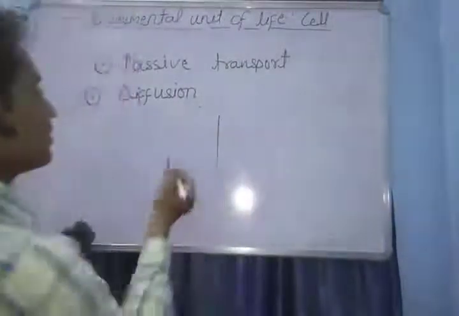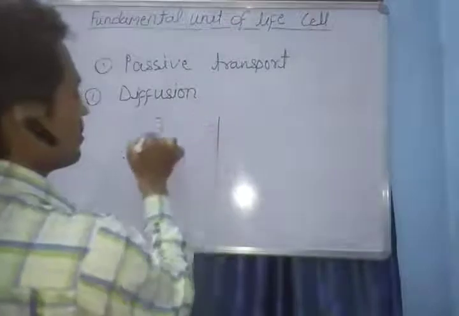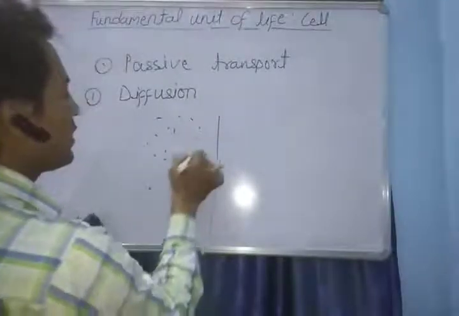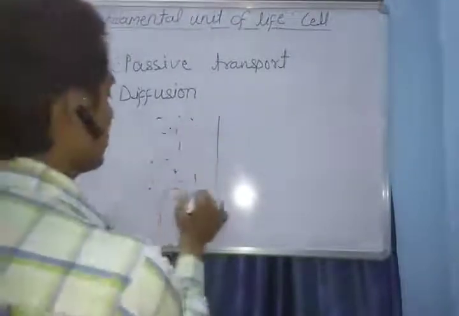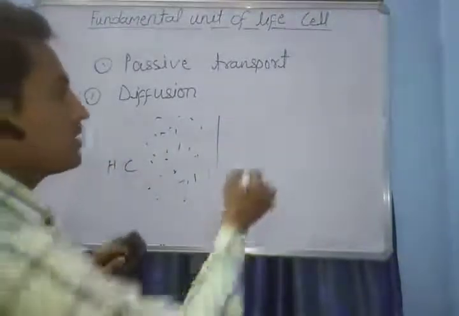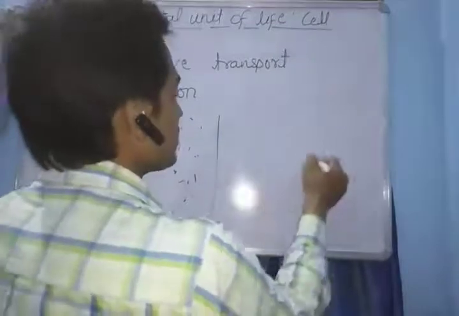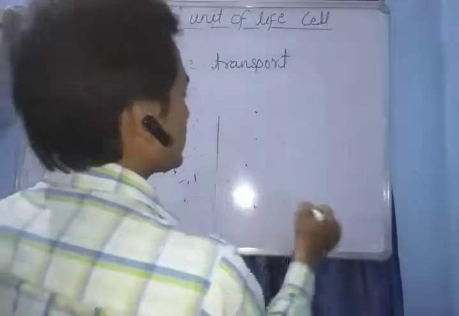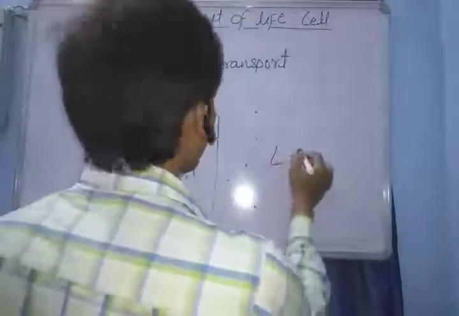If something is present in higher concentration on this side, and on the other side it is present in very little, that is lower concentration.